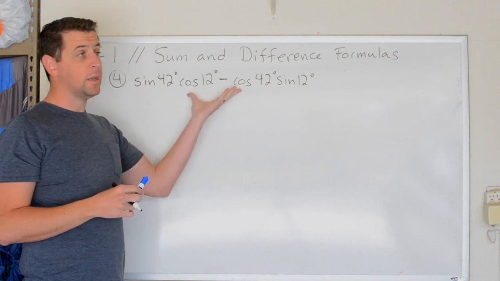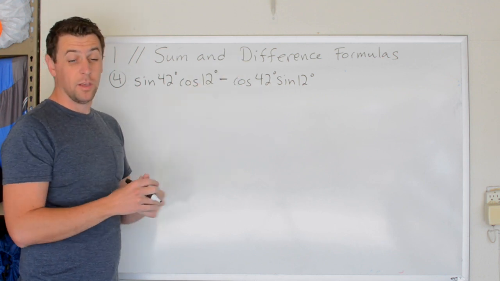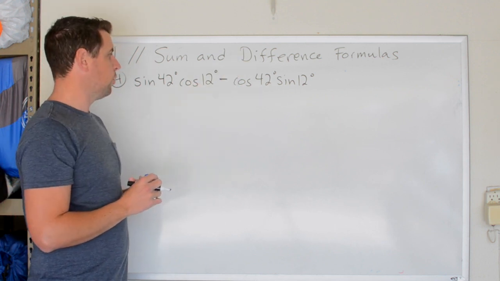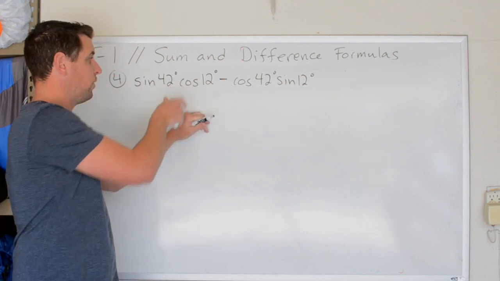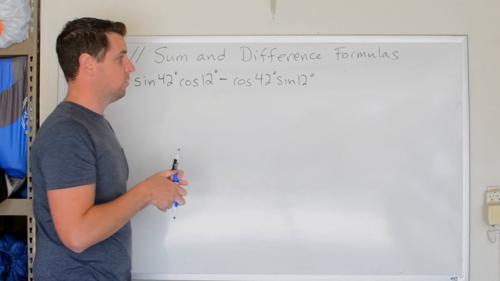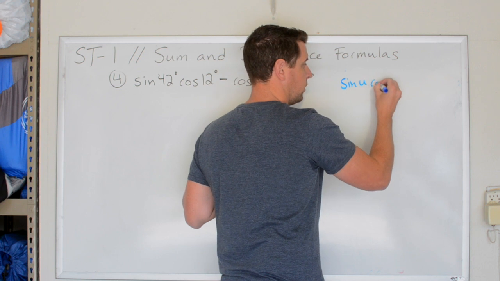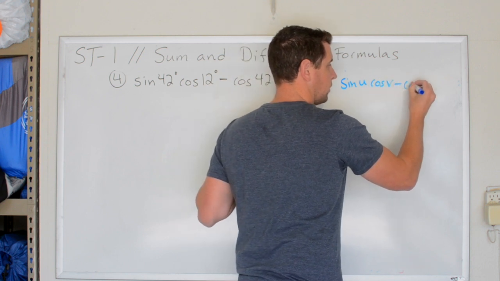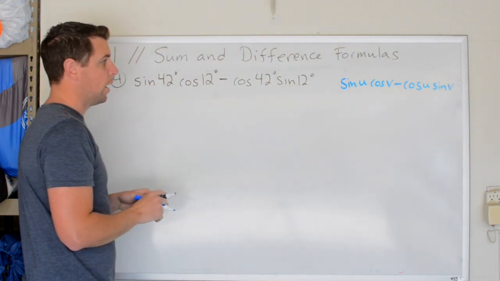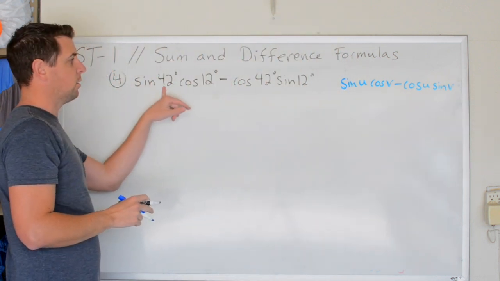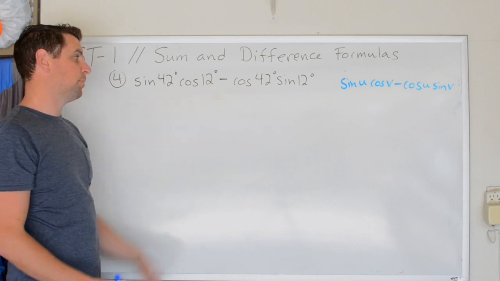So what we're going to do then is use one of these sum or difference formulas, but in reverse. When I say that, what we're going to look for is a pattern. So if you look at those 6 formulas and see which one of them lines up, maybe you'll see this, you'll recognize that this looks an awful lot like sine of u, cosine of v, minus cosine of u, sine of v, where u is representing my 42 degrees and v is representing my 12 degrees.